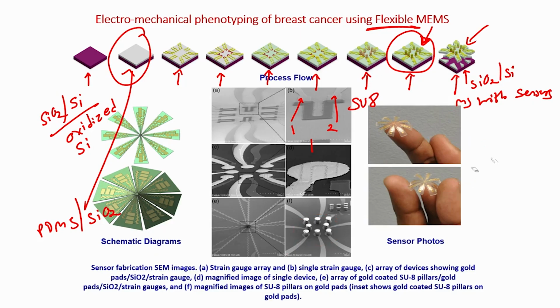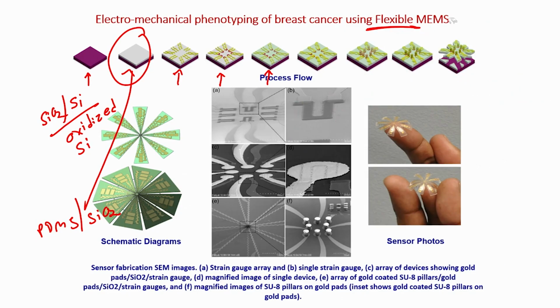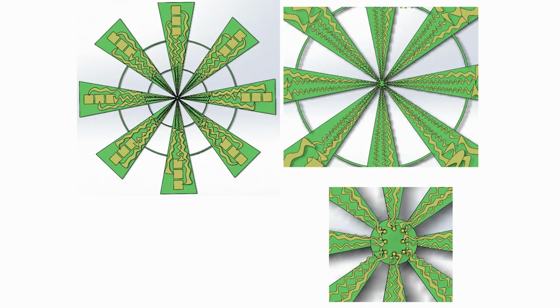So, let us see how we can use this sensor further for our application, that is, to delineate or understand the electromechanical phenotyping of breast cancer. We have to understand whether the tissue is cancerous or not. So, like I said, for each strain gauge, how many pads do we require?